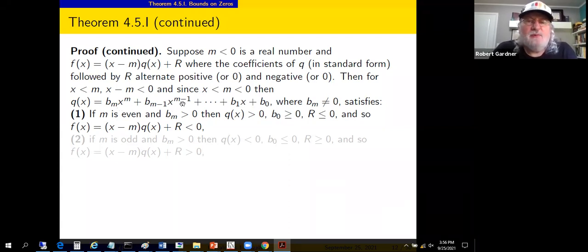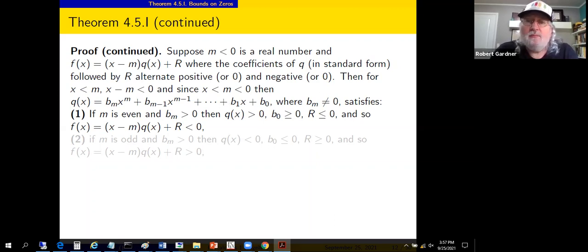How about these with the odd exponents? Okay, now you're taking a negative x value, x is less than m, and in turn, less than 0. So x is negative. We're taking these negative x values and raising them to odd powers. Well, that's going to spit the negative sign out. You take a negative number to an odd power, that's going to produce something negative.